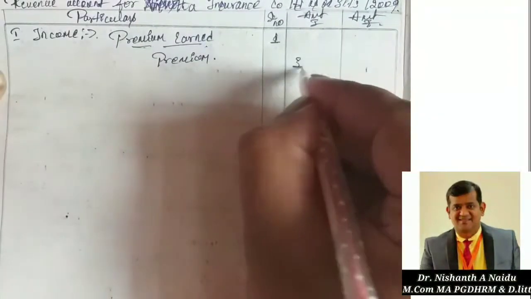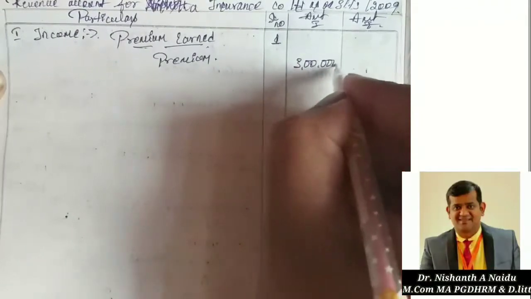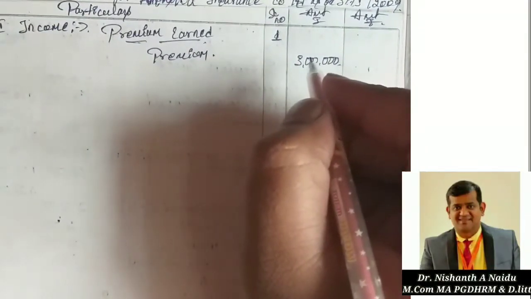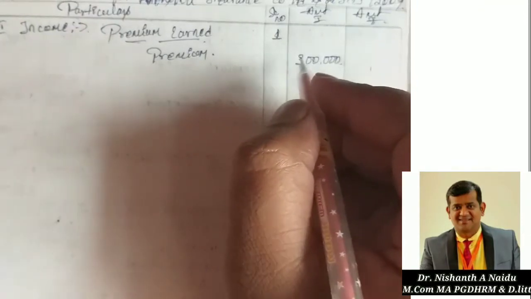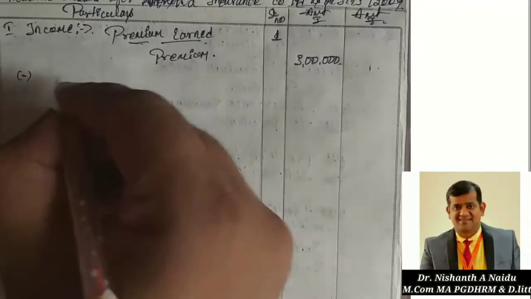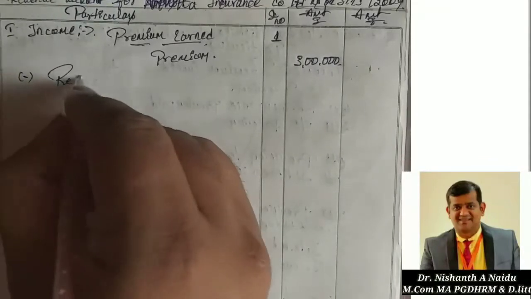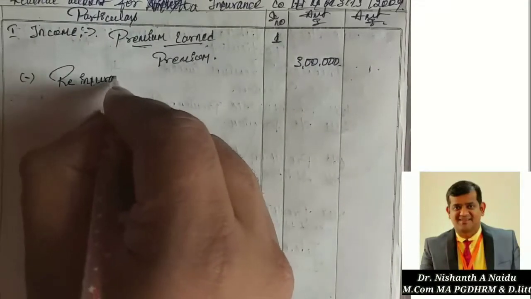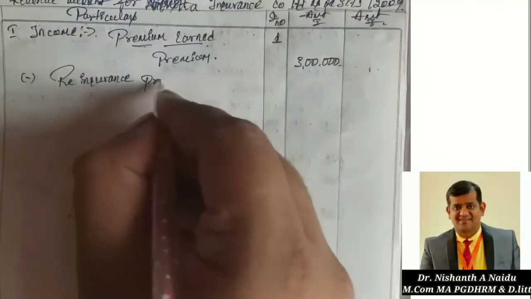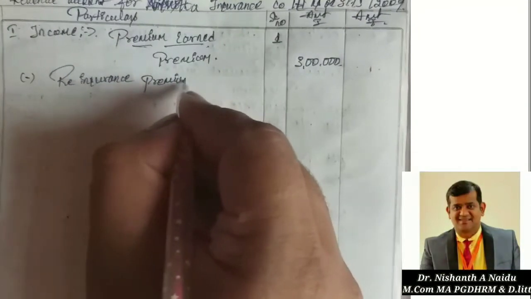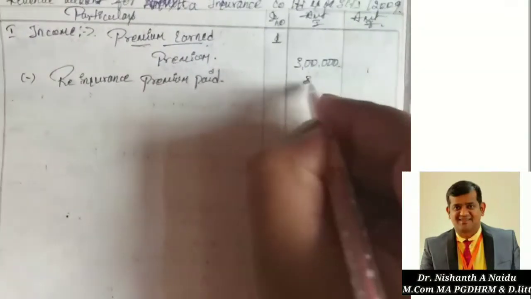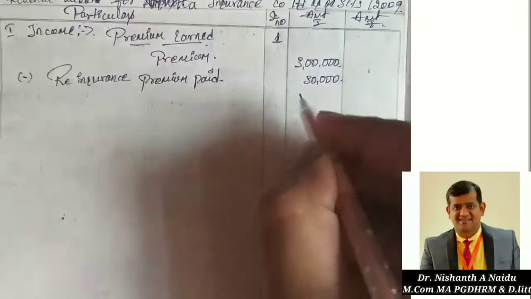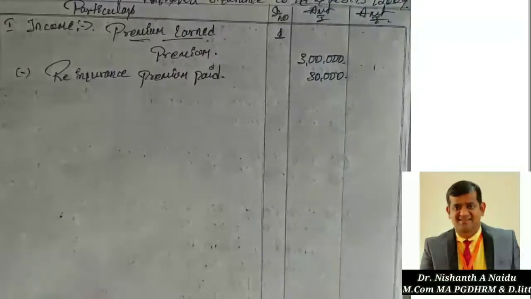Second item, 3 lakh rupees. Premium 3 lakh rupees. Okay, less reinsurance premium paid. So how much is the reinsurance premium paid? 30,000. So deduct it and put it to the outer column.